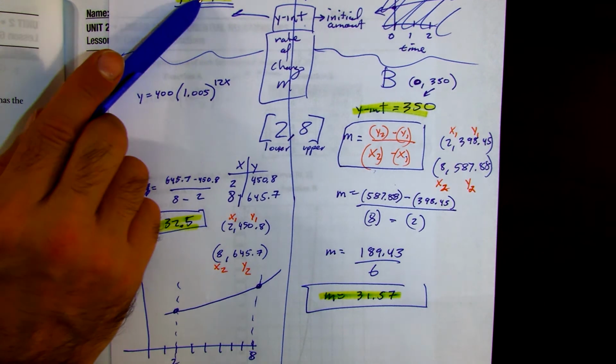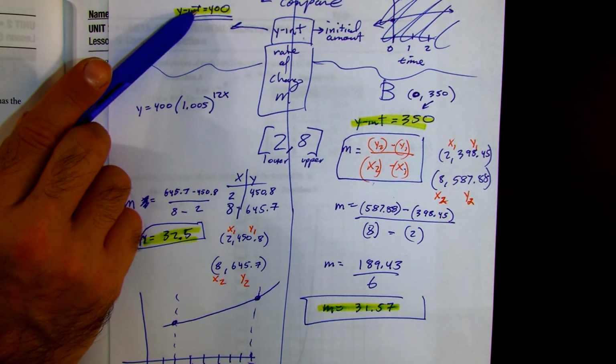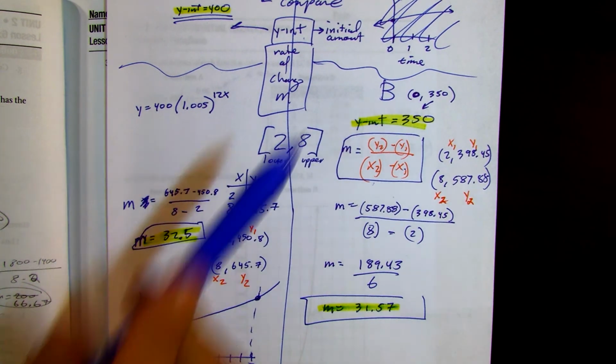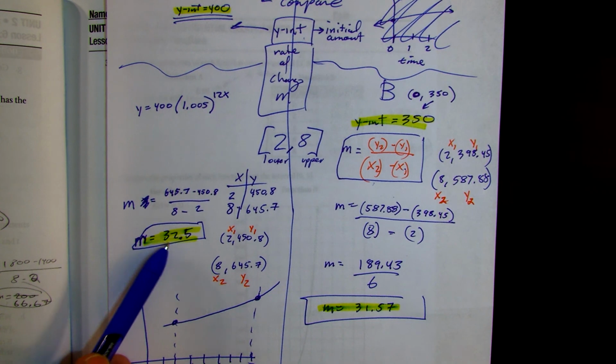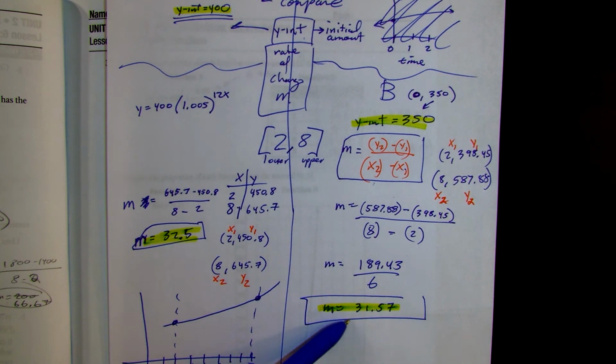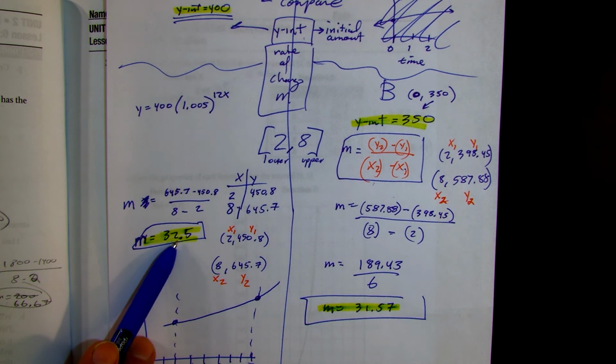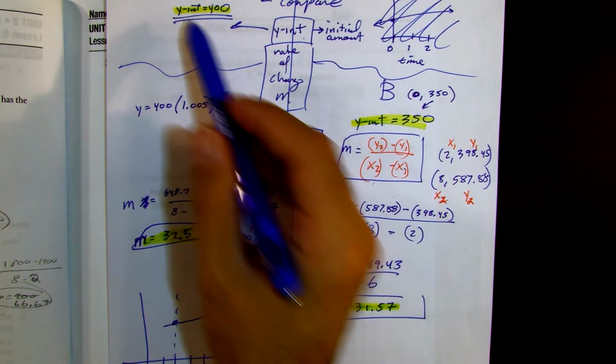How did I know this? Function A has a greater y-intercept, which means it has a greater starting amount. It's 400 versus 350. Function A has a greater slope than function B, so I know that function A is increasing faster.